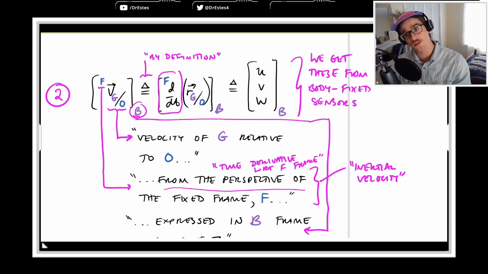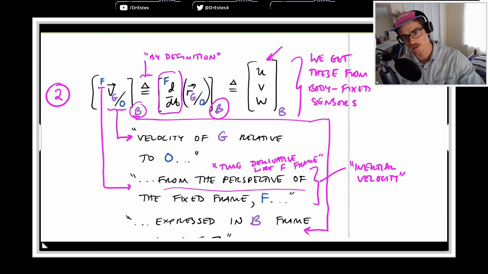Okay, it is tricky because, think about this, what is this saying, the inertial velocity from B frame coordinates? This is kind of like I'm sitting in the aircraft and I'm looking back towards that fixed point on the ground, and I can see that I'm moving away from that point.